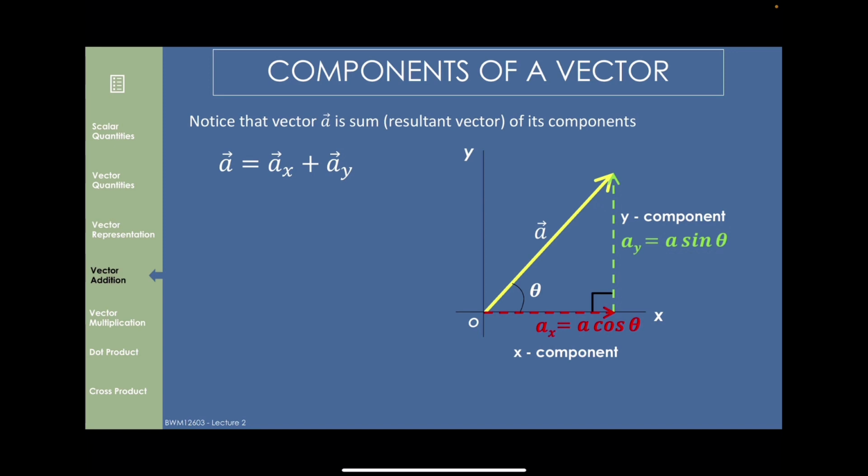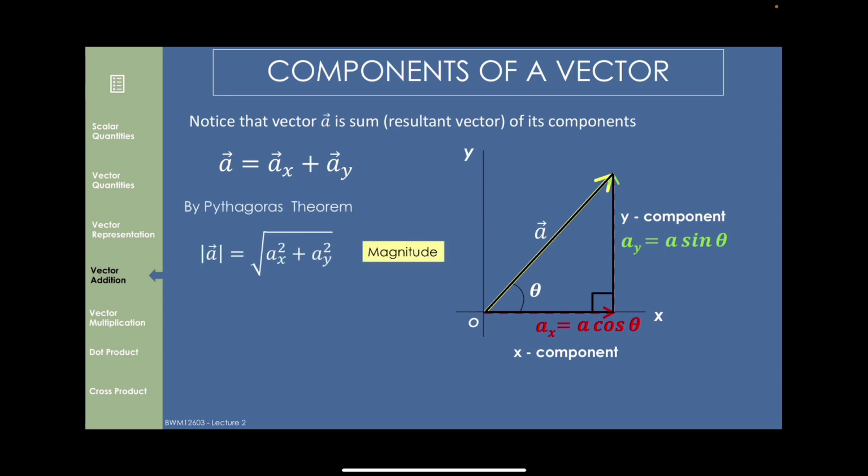Okay, now if you look carefully, it makes a right-angle triangle like this, right? So if there is a right-angle triangle, we can use the Pythagoras theorem.